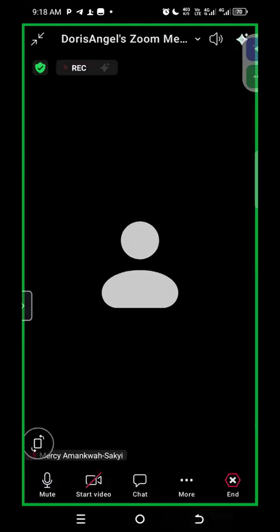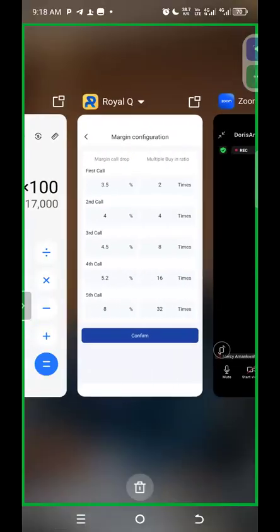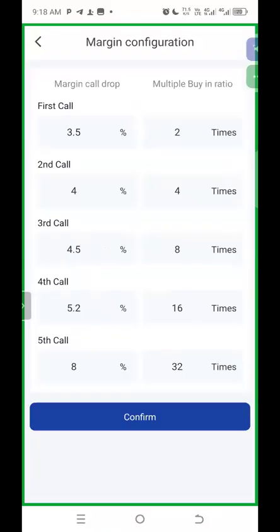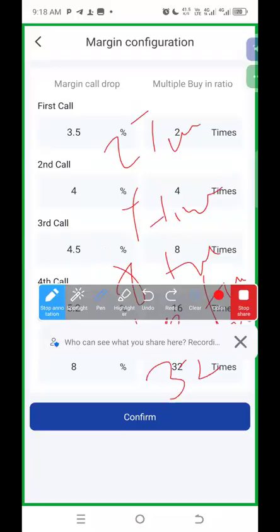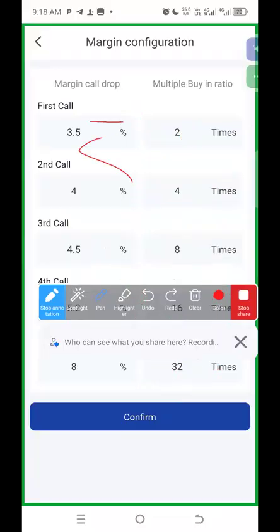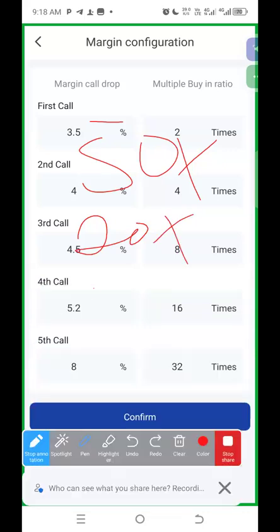So, let's assume I have 50x, another person has 20x, and another person has 10x.